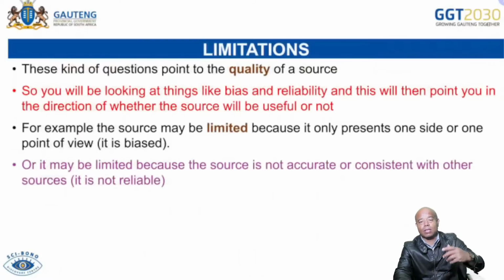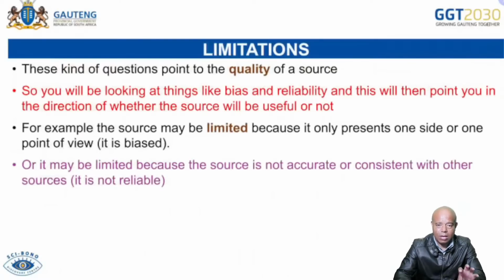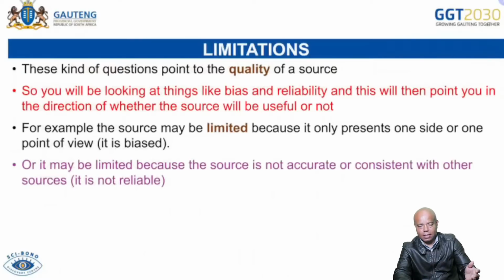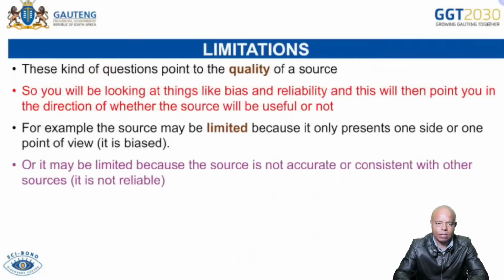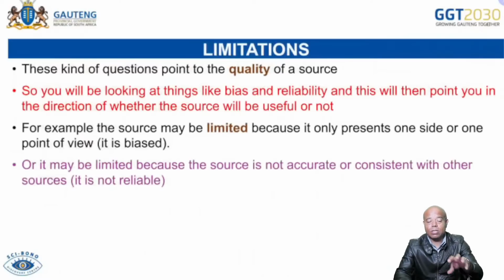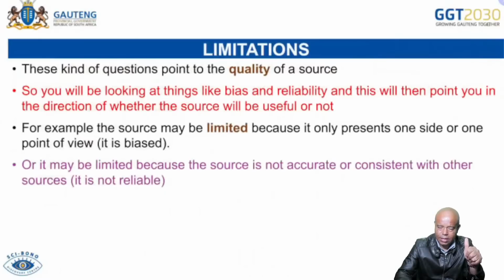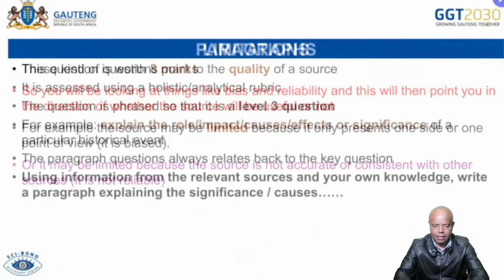So I've given you samples of how the answers should be answered. Then, very important, if the source is not accurate, it means there's no date. If there's no author, the source is not accurate, and that is because it says here, how is the source limited. So what should you do? You look for the date, you look for the author, you look why it was written, basically. And remember, this is a 2 times 2 mark question, basically, at the end of the day.